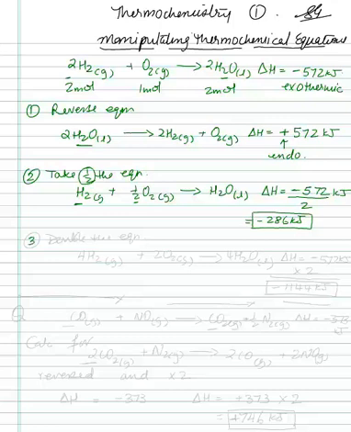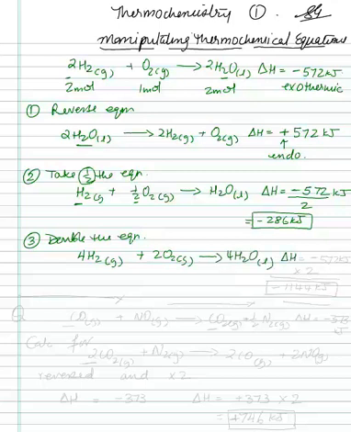Then a third manipulation is to double the equation. Again, double, triple, whatever number you are increasing it by, that's how you will multiply. So let's do this. Now we have 4H2 gas plus 2O2 gas to give 4 water liquid.